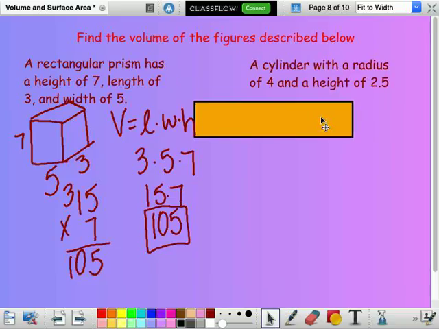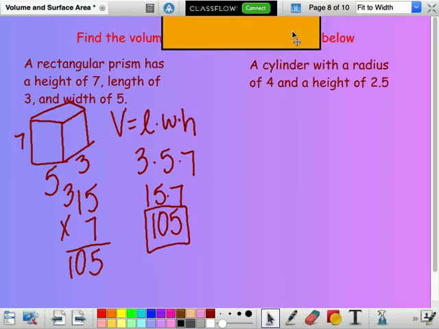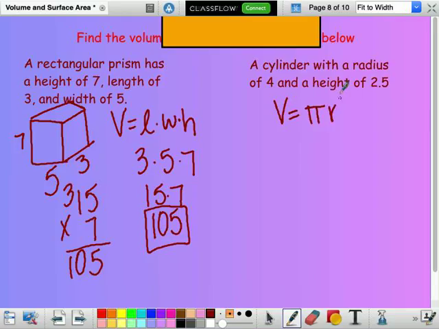All right. Now we have a cylinder. The volume for this is pi r squared h. Again, if you need a visual representation, just draw a cylinder. Draw an oval there. There you go. Okay.